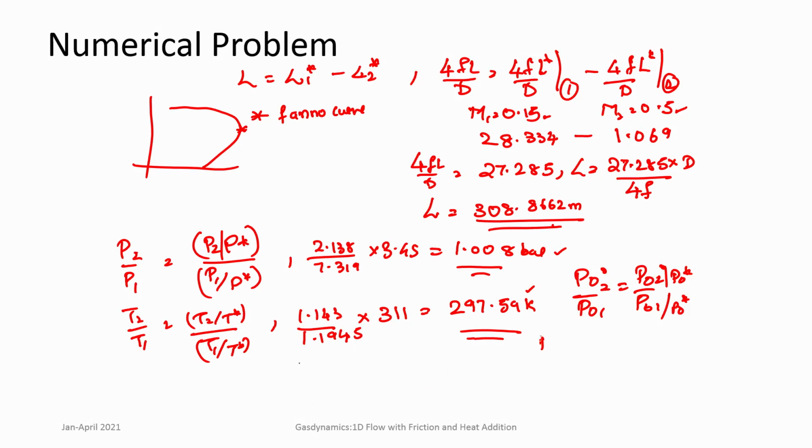Get P02 is 1.196 bar and therefore, you can find out what is the delta P naught. Okay, delta P naught decreases. So, it is a decrease of stagnation pressure, which is negative 2.31 bar. Okay. So, this can be found.